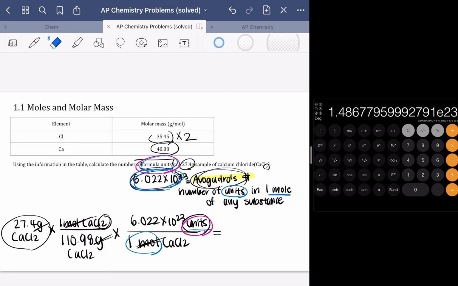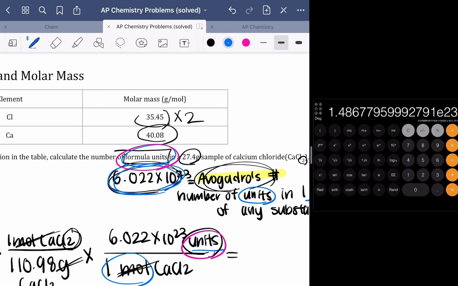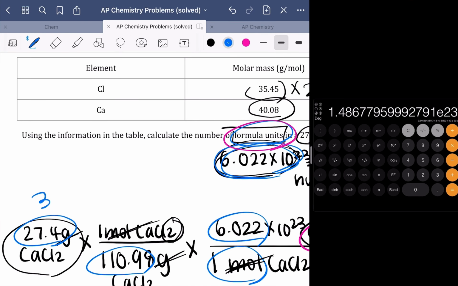In any calculation in chemistry problems, we have to be careful of the significant digits. So in this problem, take a look at the numbers that we used. This one has 3 sig figs. All the non-zero digits are sig figs, so 1, 2, 3.